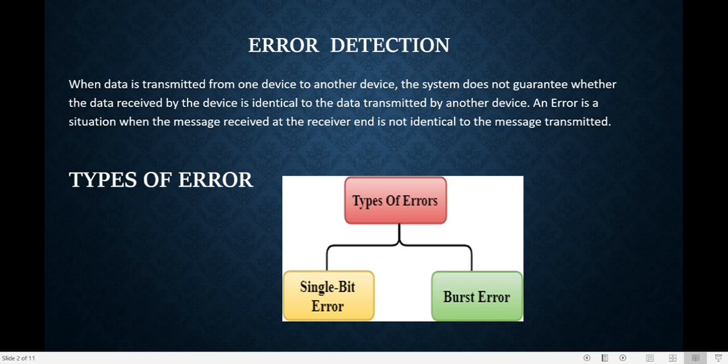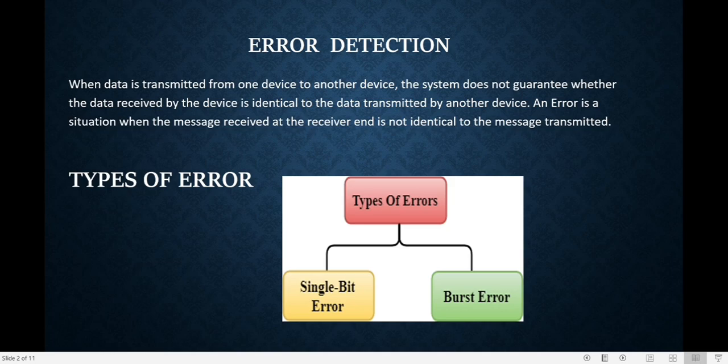When data is transmitted from one device to another device, the system does not guarantee whether the data received by the device is identical to the data transmitted by another device. An error is the situation when the message received at the receiver end is not identical to the message transmitted.